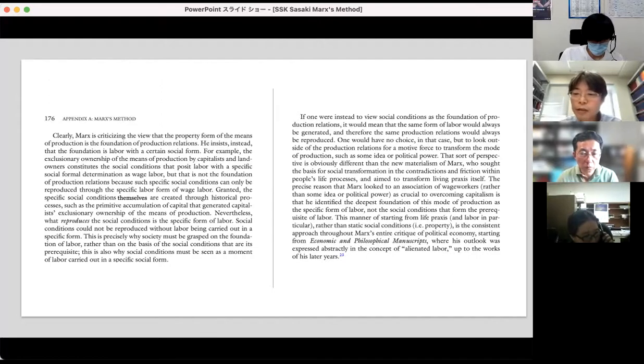The precise reason that Marx looked to an association of wage workers rather than some idea or political power as crucial to overcoming capitalism is that he identified the deepest foundation of this mode of production as a specific form of labor, not the social condition that formed the prerequisite of labor.